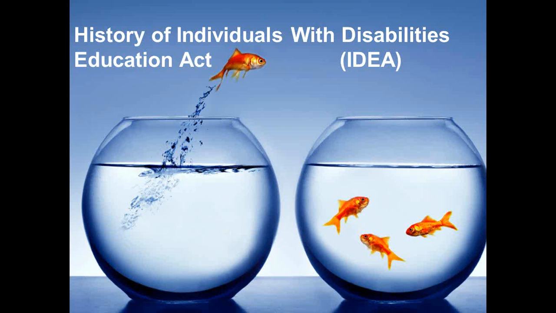So I'm going to tell you, even though it's hard to hear, we need to know that until 1975, children with disabilities were often excluded from school. Hence my picture of, actually, the fish isn't even in the fishbowl. They weren't in school. And when they were allowed to attend, they were often lumped together in generic special education classes.